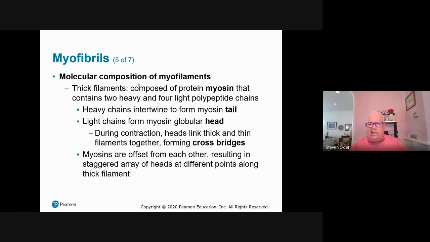So myosin and actin come together to form cross bridges.